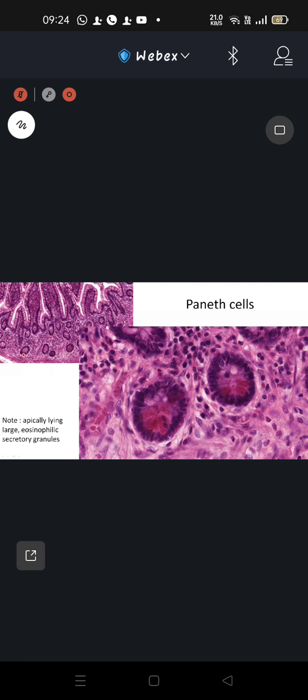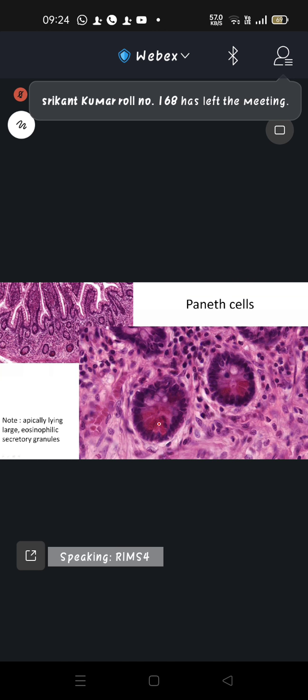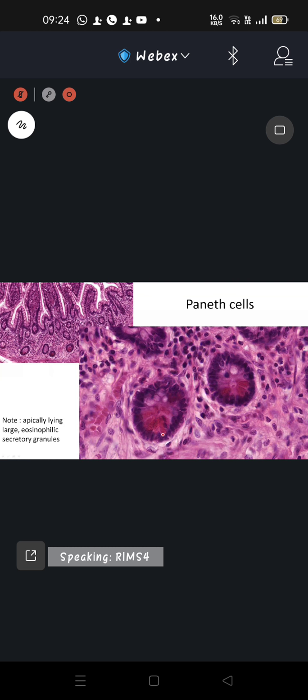When we enlarge these, you see that these cells have an apical cytoplasm filled with fine eosinophilic granules, and the nucleus is placed basally. So these cells are known as Paneth cells.